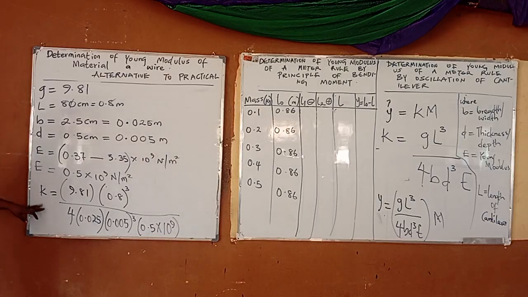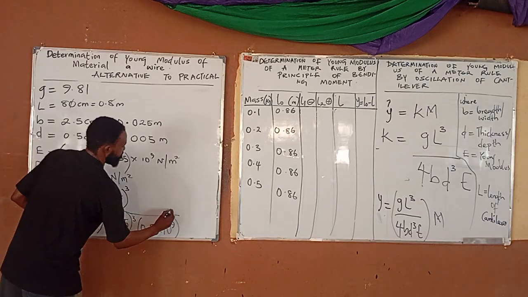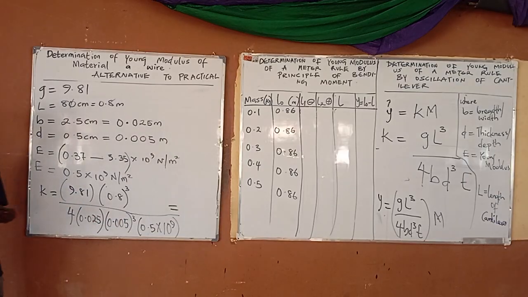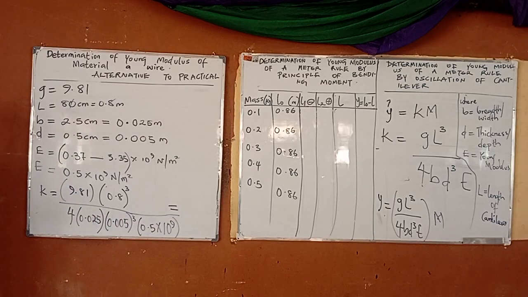For your punch for me, this thing now, what do you have? Ask. He said that in your manual, the formula they gave you did not include this. What we are doing is bending moments of meter rule.